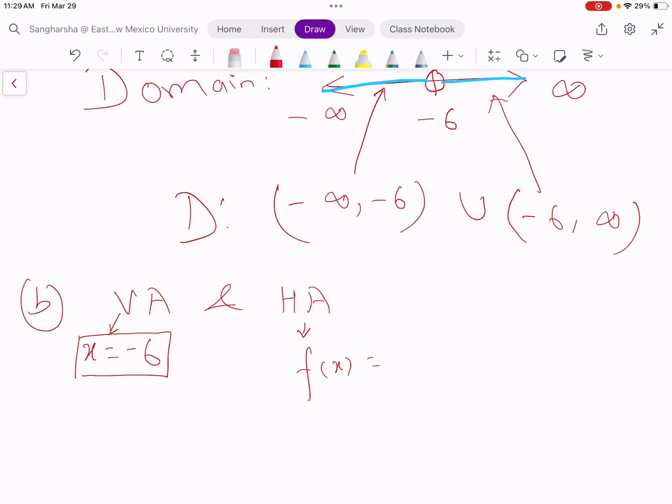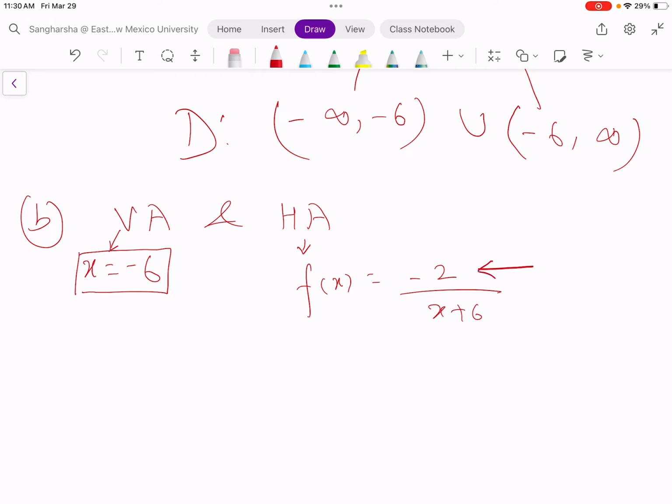Now for this function, what is the degree of the numerator? -2 is a constant, and every constant has degree 0. And what is the degree of the denominator? 1. Here our degree of numerator is less than the degree of denominator. So if we have the degree of the numerator less than the degree of the denominator, then the horizontal asymptote is always y equals 0.